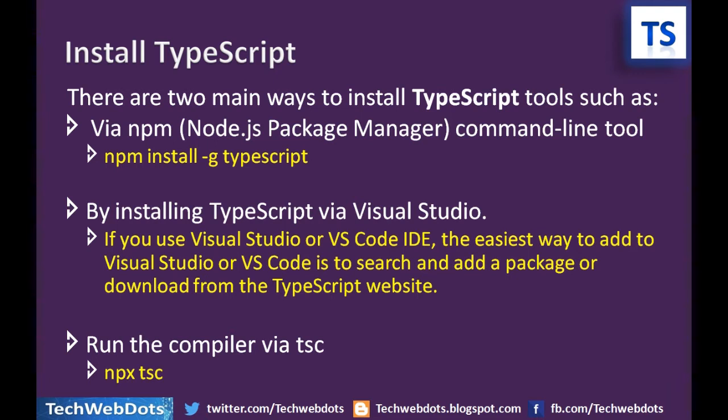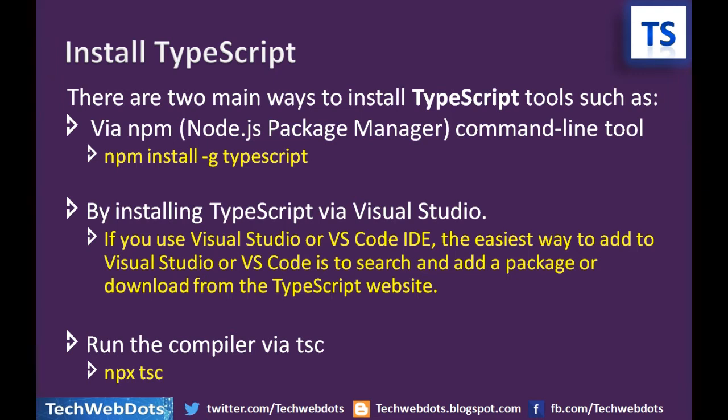So how to install TypeScript? There are two main ways to install TypeScript tools. One is via npm, which is the Node.js package manager, using a command line tool. The command is npm install -g typescript. There is a space between -g and typescript. Or you can install TypeScript via Visual Studio.